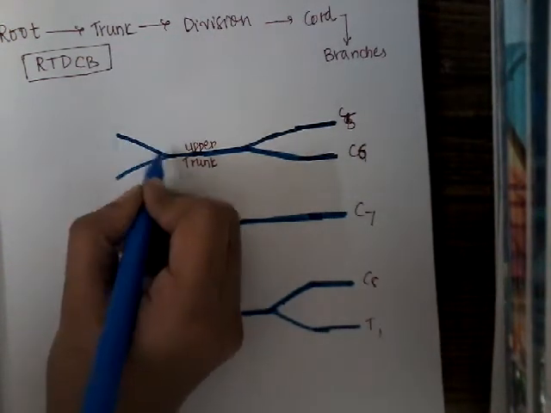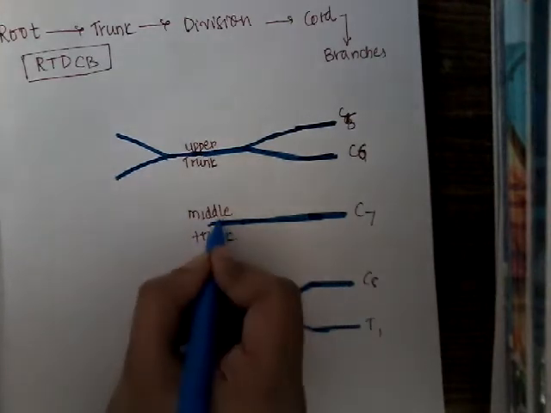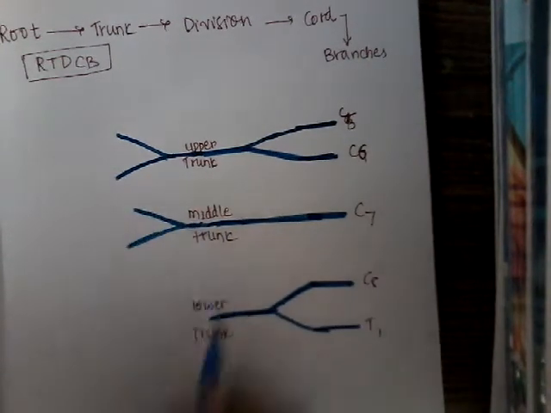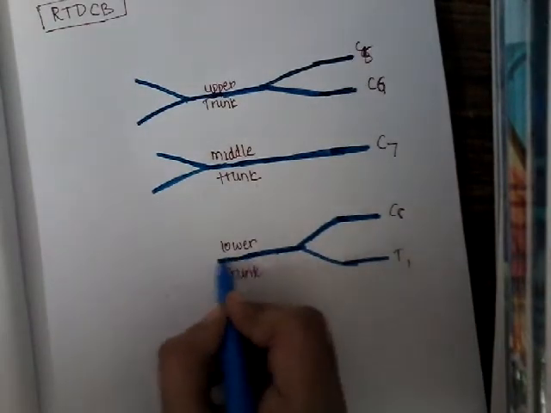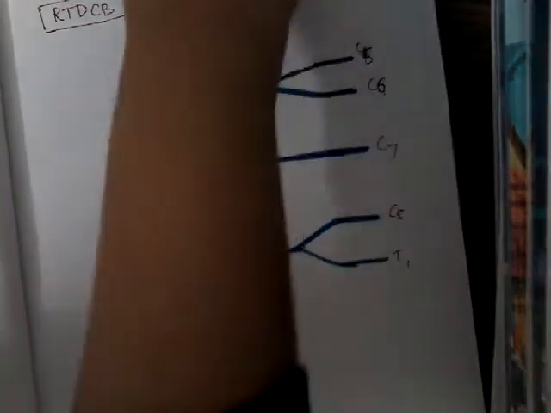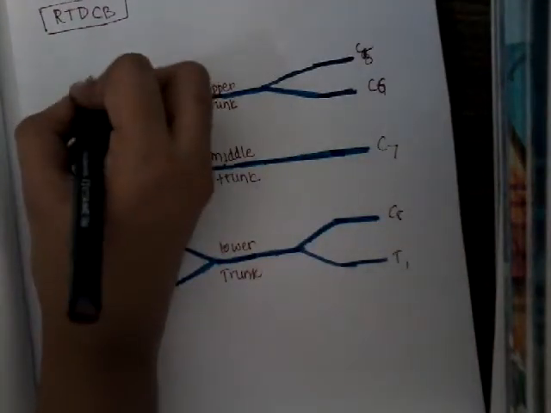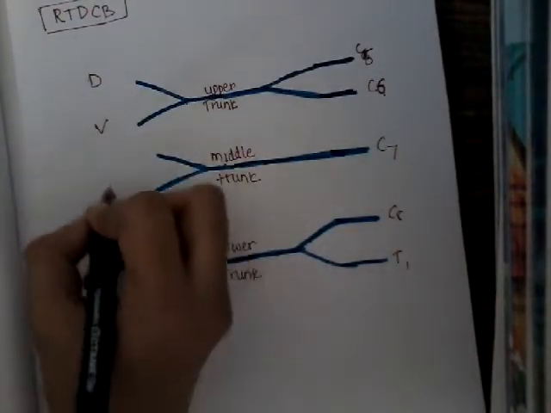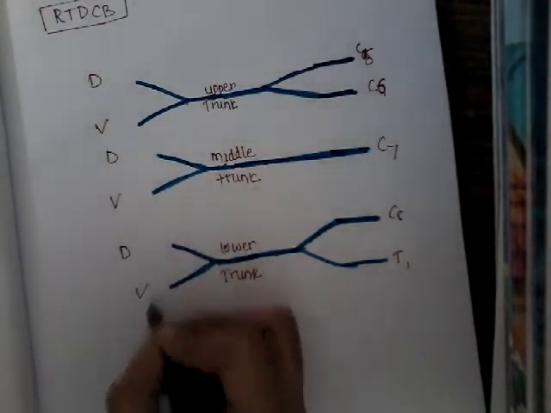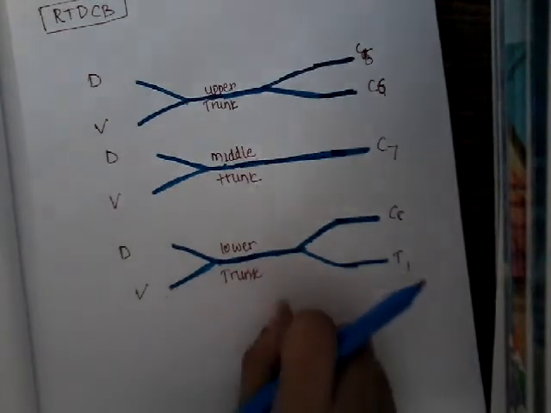The upper trunk has one dorsal division and the other is ventral division. Middle trunk also divides into a dorsal division and a ventral division. Lower trunk also divides into a dorsal division and a ventral division. So this is dorsal division, ventral division, dorsal division, ventral division, dorsal division, ventral division.